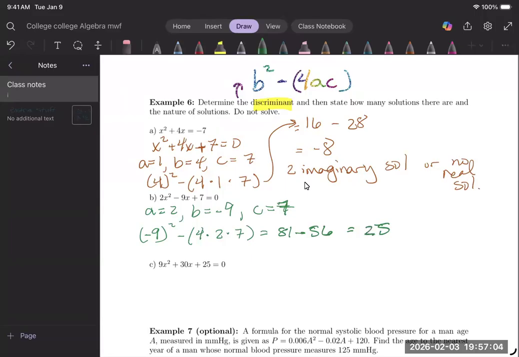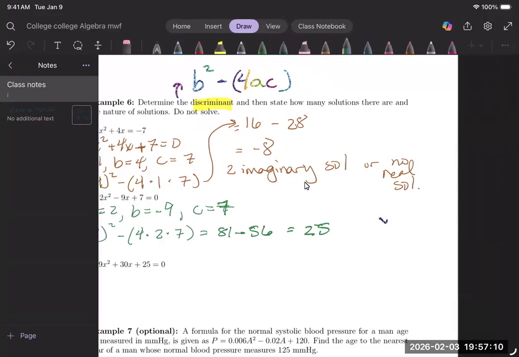Oh, that's 25. Remember, I'm going to go to my rainbow, that really this is the square root of 25, which is 5, right? So then the answer here would be 2 real rational solutions, because we get rid of the square root. No more, because we just have 5.